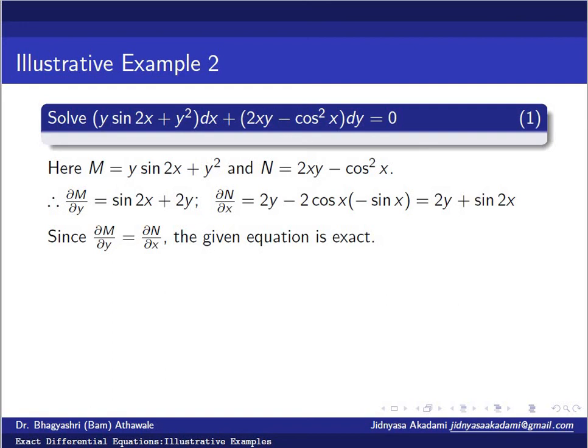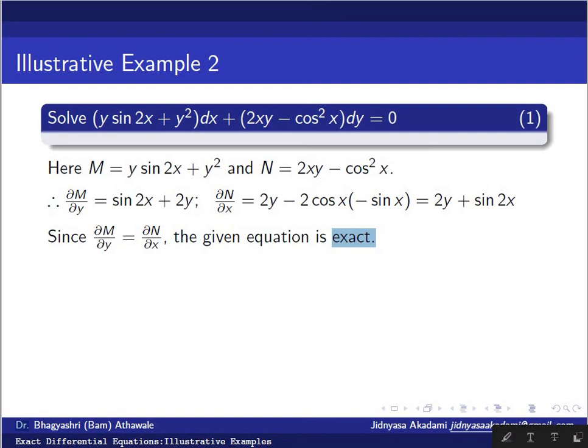See one thing here. Normally we have to simplify del m by del y and del n by del x, but here the simplification is not algebraic. We are using a specific trigonometric identity to show that they are equal. And in such cases, that formula does not work. Let us see how. We solve that problem first with our algorithm.